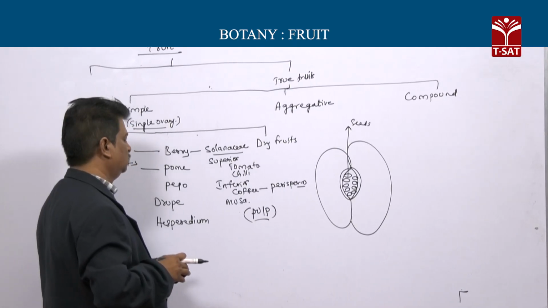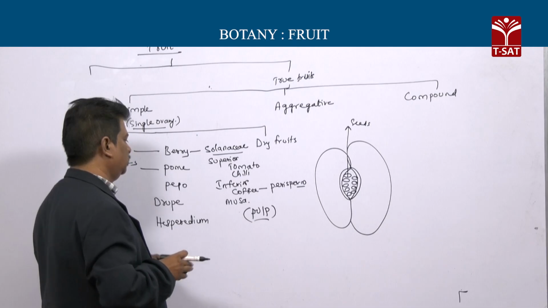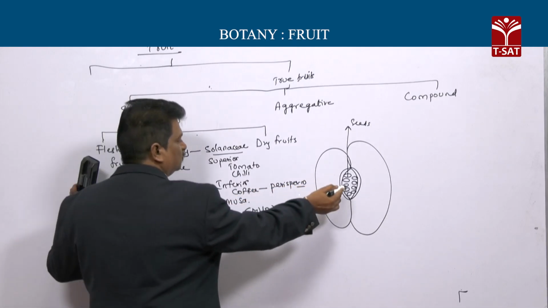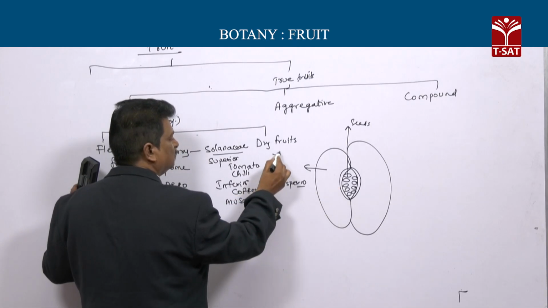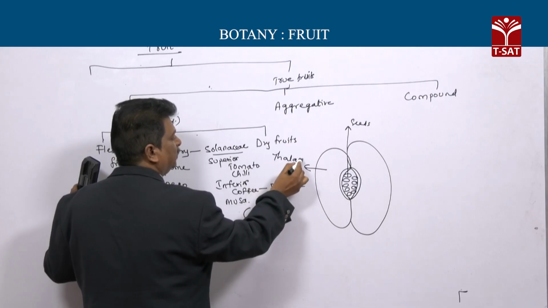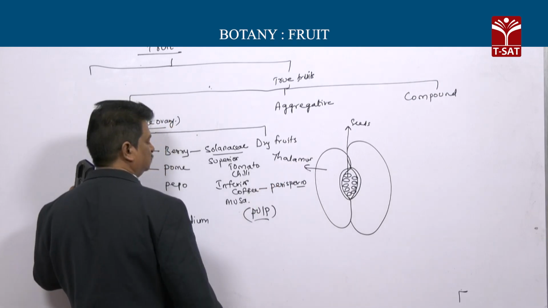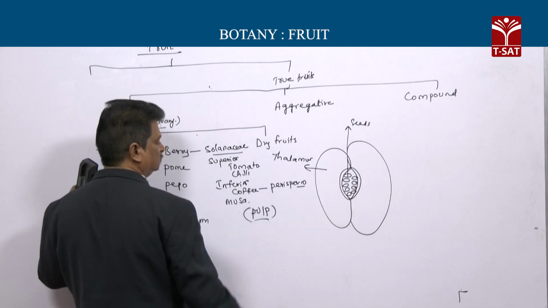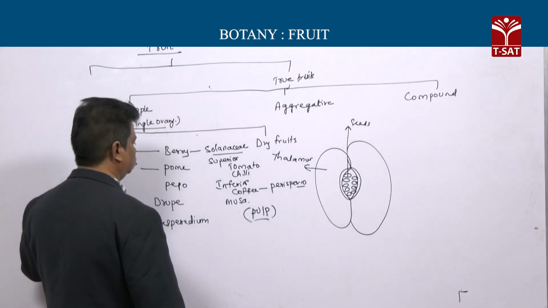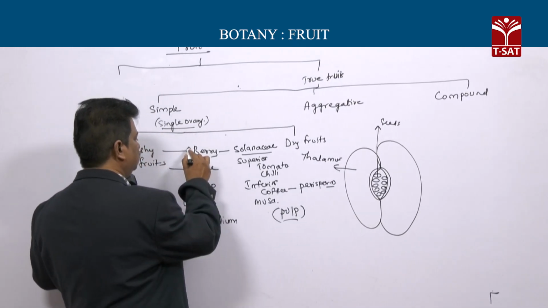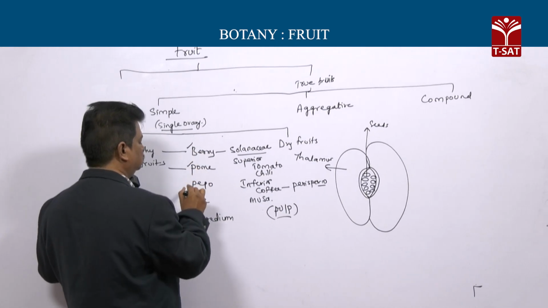In pome, the true fruit is surrounded by the false edible thalamus. Example, apple.